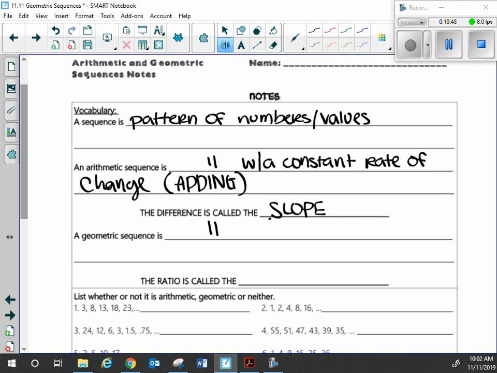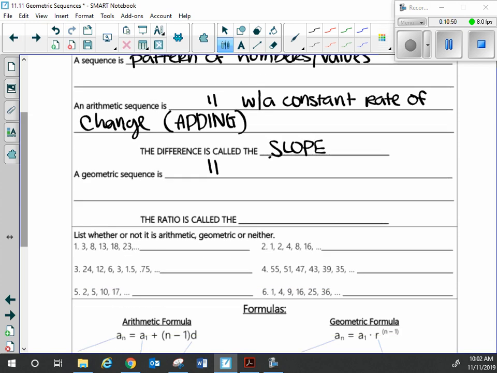So that ratio is also called the growth or decay factor. What is the decay factor? If it's increasing, it's growth. If it's decreasing, it's decay.